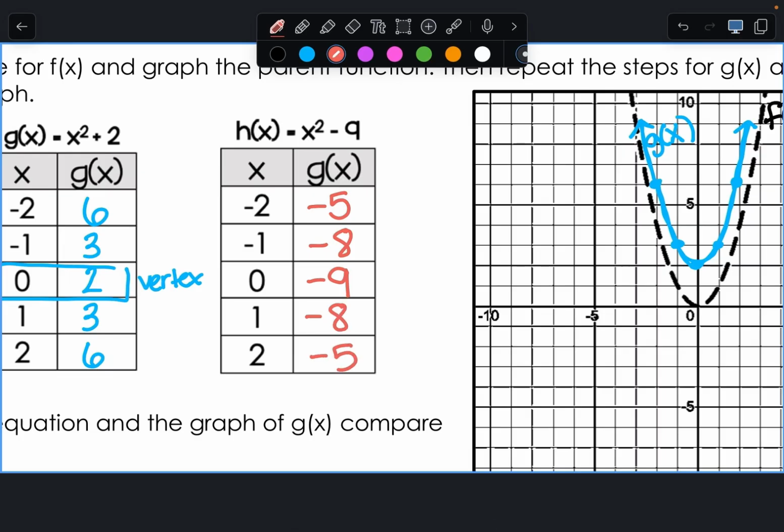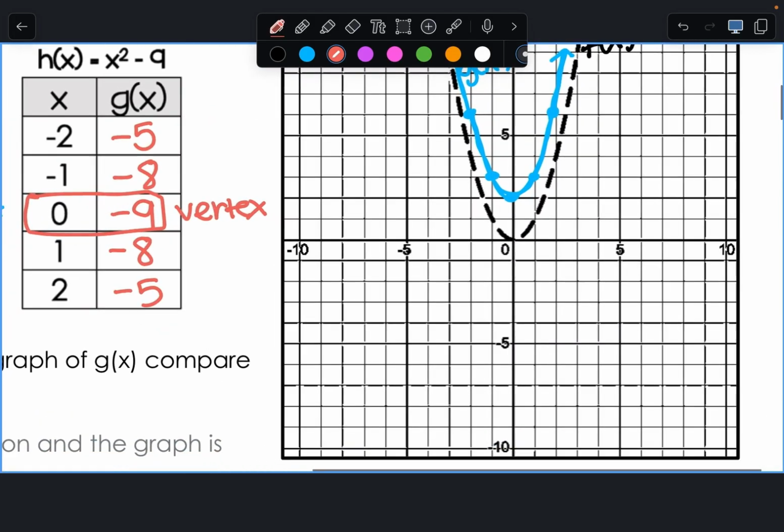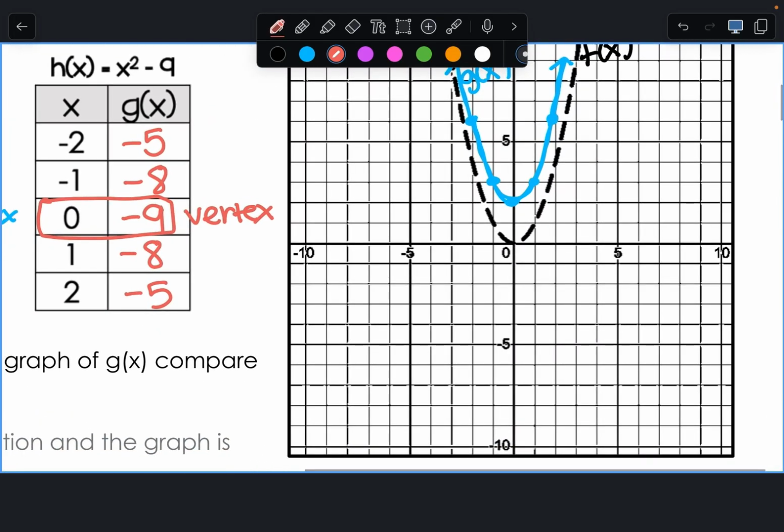Which one's my vertex? Negative 9. Very good. Okay. So what I'm going to do is plot my points. Negative 2, negative 5, way down here. Negative 1, negative 8, 0, negative 9, right there.